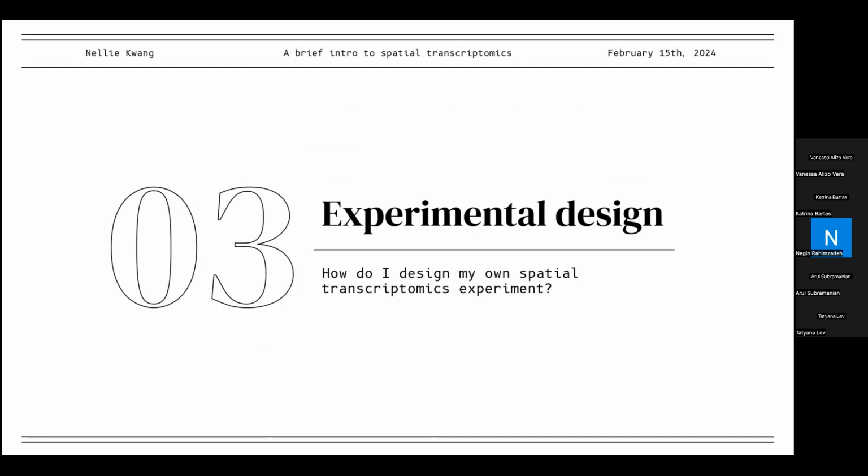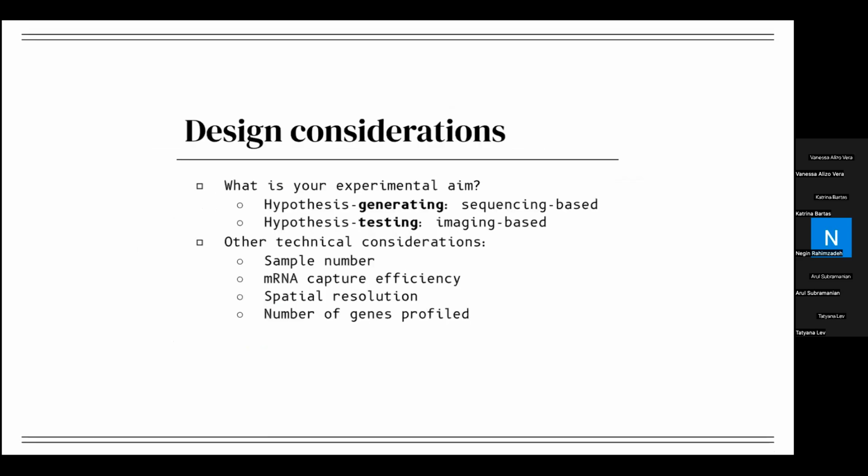Okay, so now I'll talk about how to design a spatial transcriptomics experiment and things to consider. One of the main questions you should be thinking about at the beginning of your experiment is what your experimental aim is. If you are taking more of a discovery approach, where you want to generate a hypothesis and you don't really have a question at the beginning, it's better to use a sequencing-based approach, which is unbiased and untargeted.